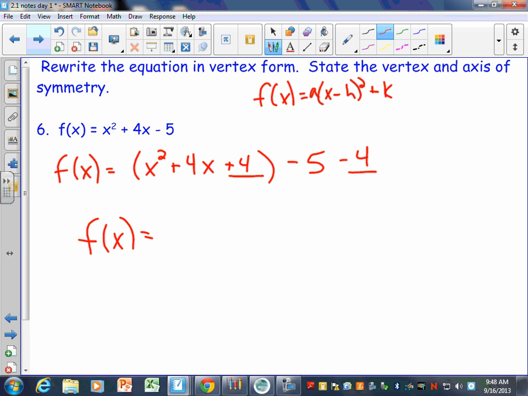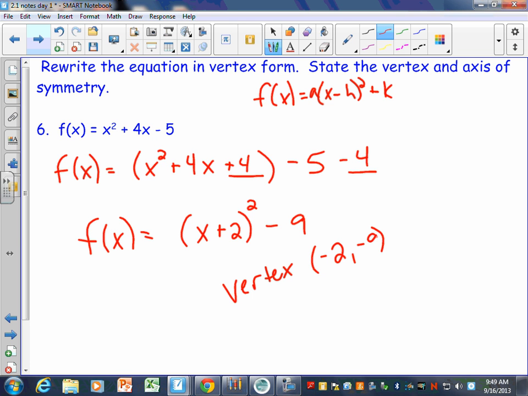And now the reason we did this is that's how we complete our square. That should always factor into half of the middle number, and half of 4 is 2, so (x plus 2) squared, and then negative 5 minus 4 is negative 9. We're supposed to say the vertex and the axis of symmetry. What would my vertex on this one be?